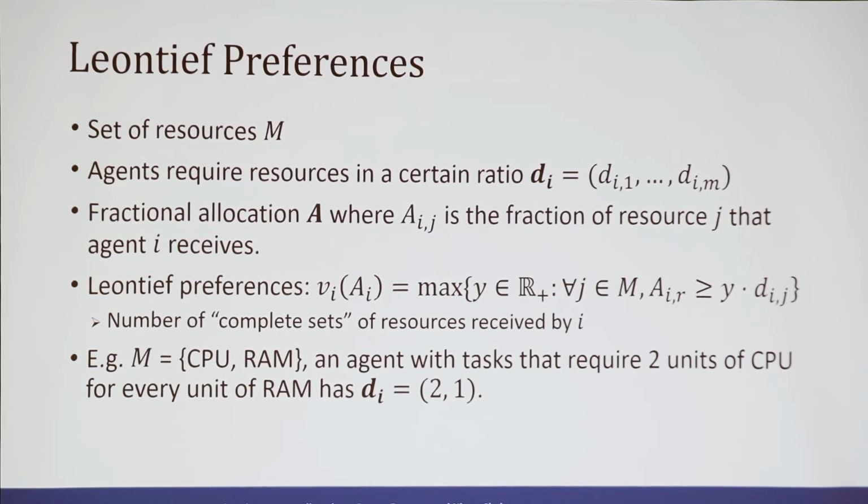Here's an example. Like I said before, you might have two types of resources, CPU and RAM, and an agent might have tasks that require 2 units of CPU for every unit of RAM. So the demand vector would be (2, 1). Now if they receive 3 units of CPU and 3 units of RAM, the extra RAM is no good to them. They need these in the ratio 2 to 1.